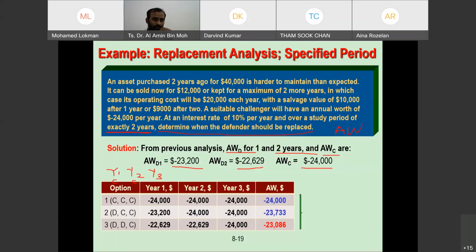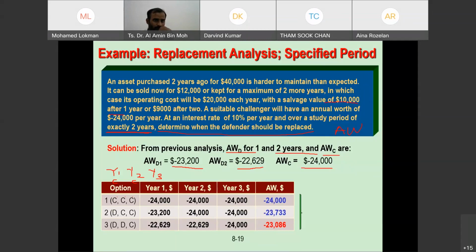So we have several options. The first one is we change it immediately to the challenger. So we are going to have the challenger for each year, year 1, year 2, and year 3. Or we can use the defender for 1 year, because they give some information here.